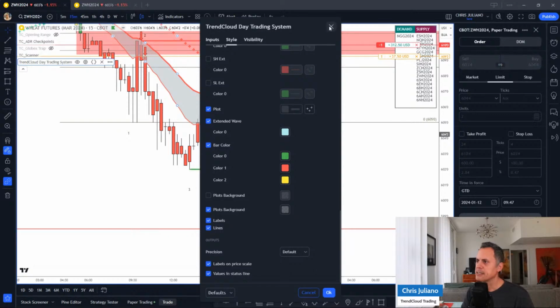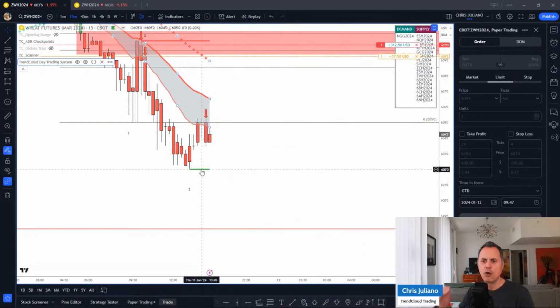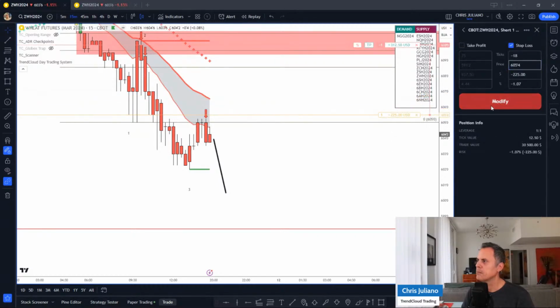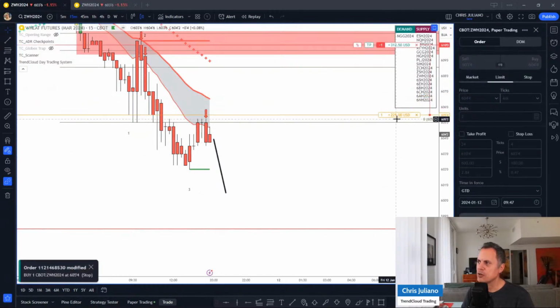So your lines are going to tell you when you can move that stop loss. When price breaks through your swing low, then you can take your stop loss and bring it right there, locking in $225. That is how you do it.